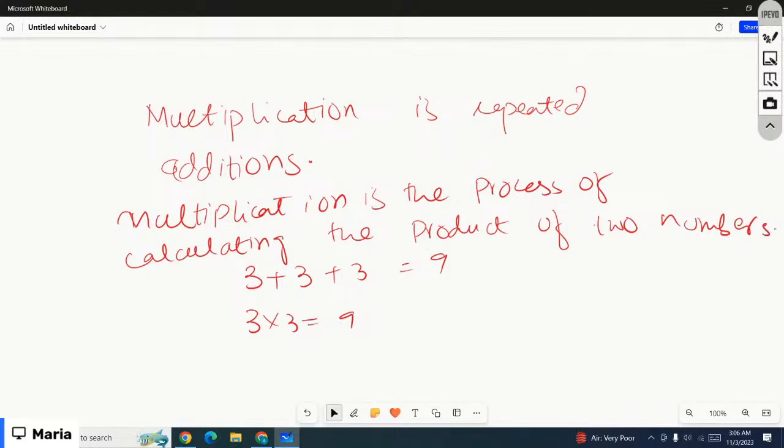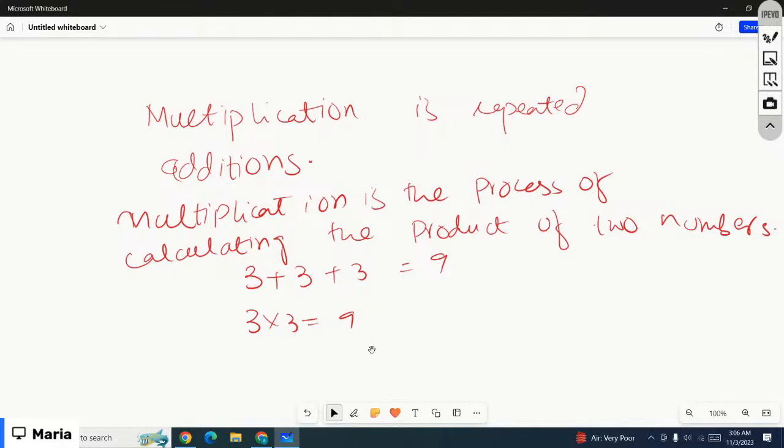So the basic thing is addition and multiplication are interrelated. Multiplication is the same as if you add the same number more than one time, right? So they are interrelated.